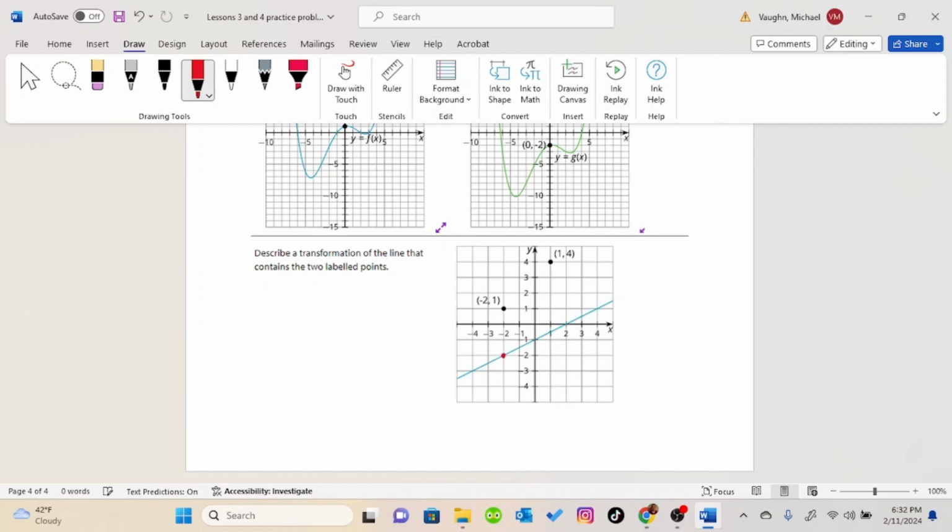Well, if we shift up, this point would need to go from -2 to 1, so that would be 3. This point would need to go up from -0.5 to 4. That's a shift up of 4.5.